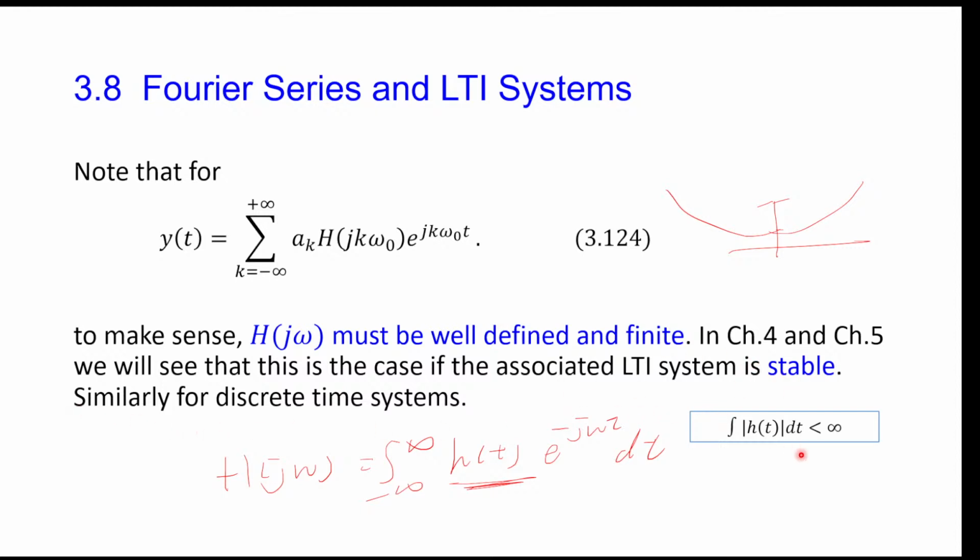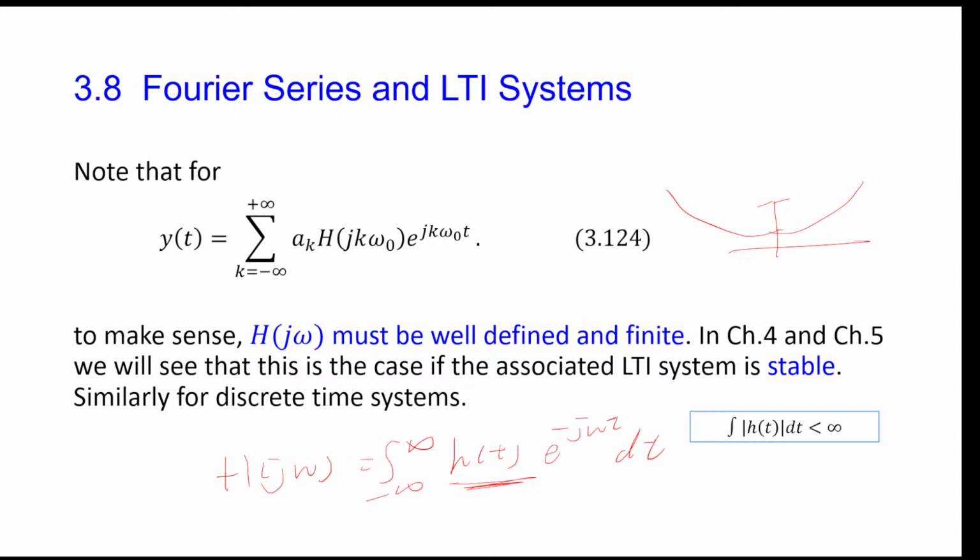Okay, and remember, our characterization of a stable system in terms of small h is that the integration of the absolute value of small h from minus infinity to plus infinity should be some finite value.